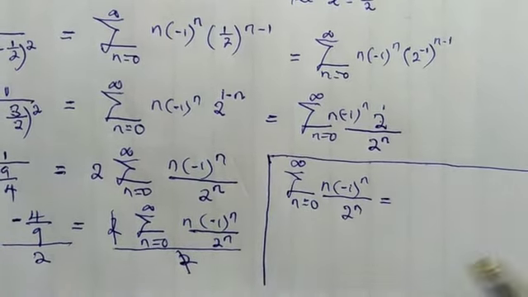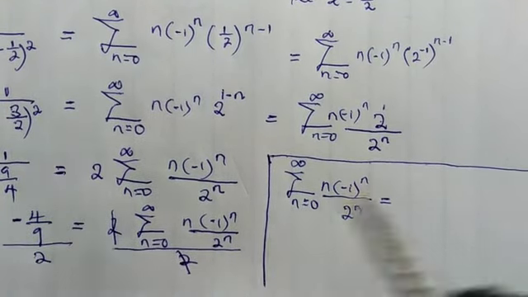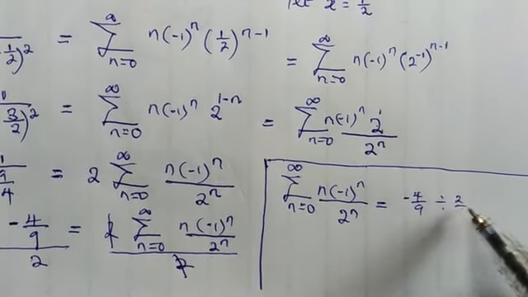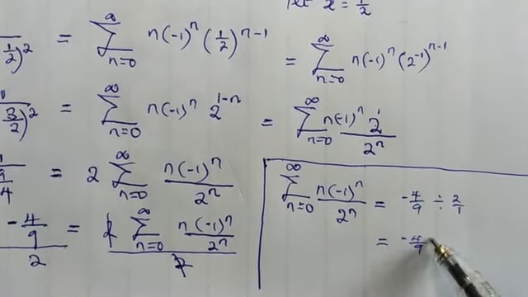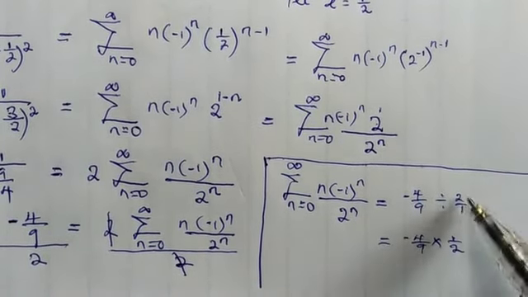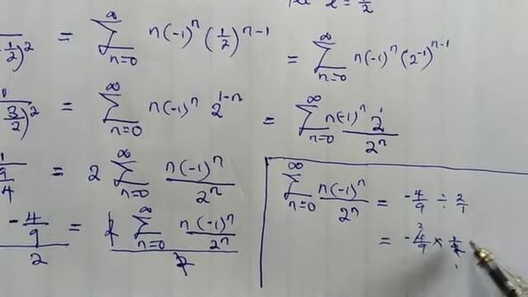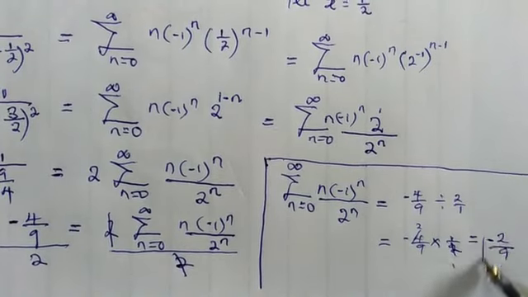This is equal to negative 4 over 9 divided by 2 over 1. So this sum is equal to negative 4 over 9 times 1 over 2, taking the reciprocal. Simplifying, this is exactly equal to negative 2 over 9.